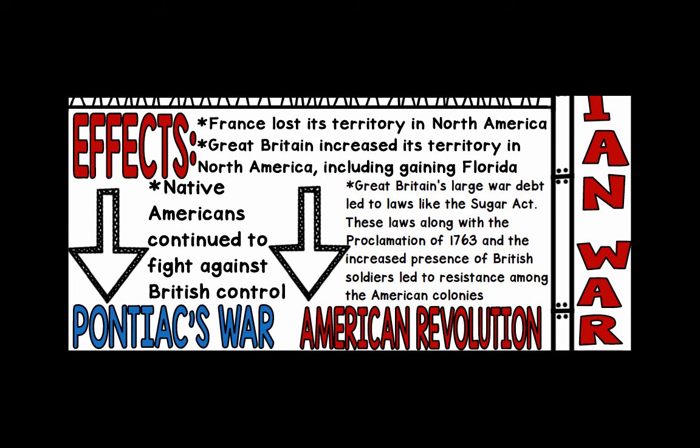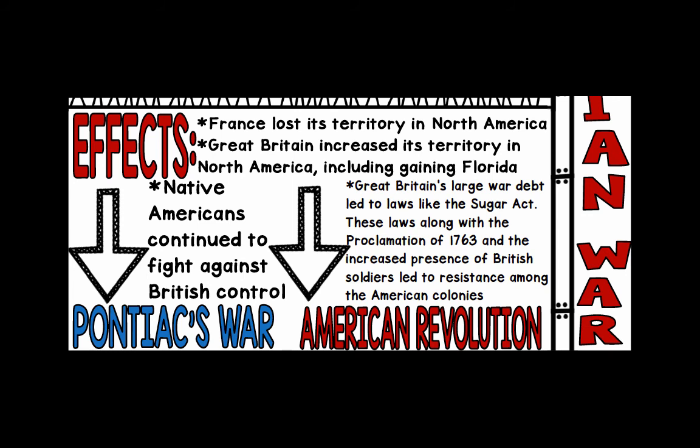Now, on the colonial side, we have Great Britain, who has large amounts of debt, meaning they owe a lot of money to a lot of different people who gave them weapons, maybe food, or any other types of supplies that they needed, and they don't have any other way to gain that money other than causing the colonial subjects to somehow pay.